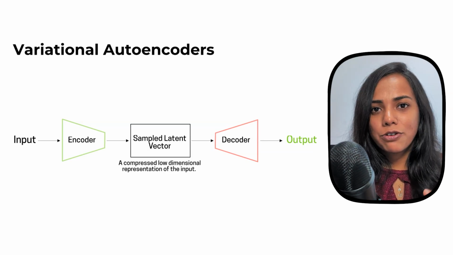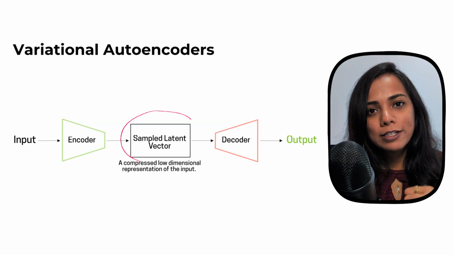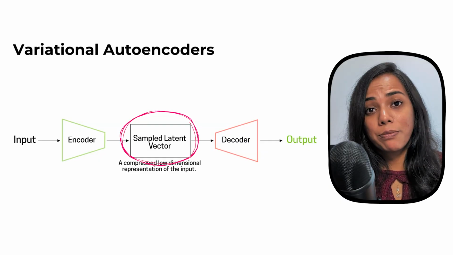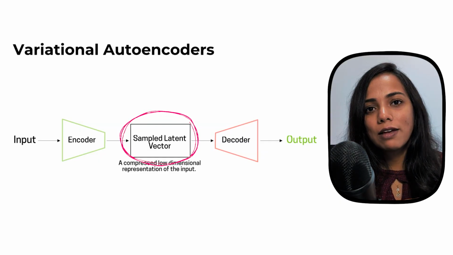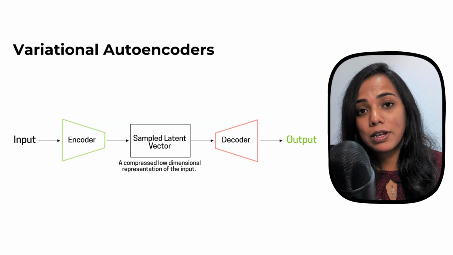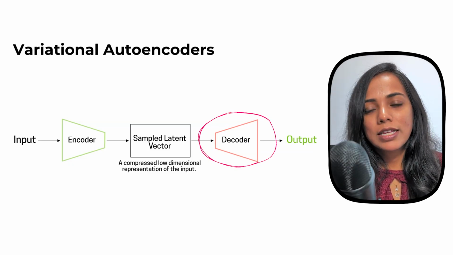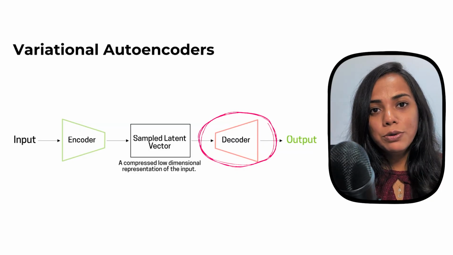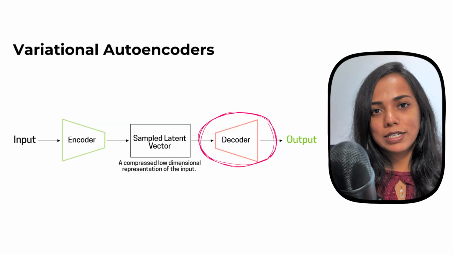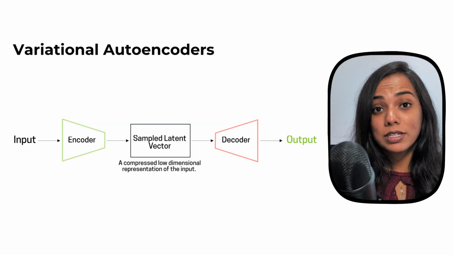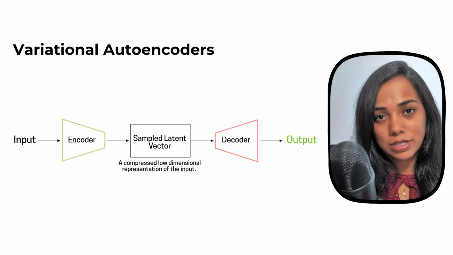And then there is a structured low dimensional space which is called the latent representation, and this allows easy and controlled sampling of new data. And then we have the decoder network that reconstructs new realistic outputs from this latent space, and that enables creative variations and realistic synthesis.